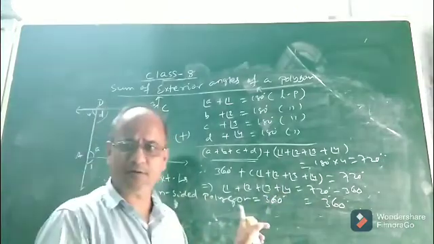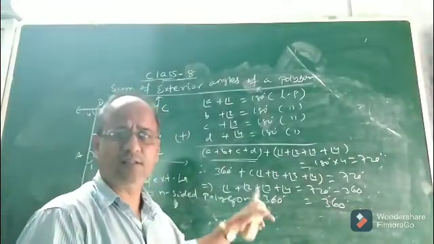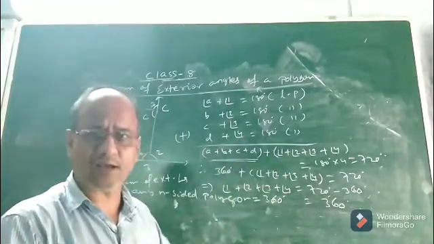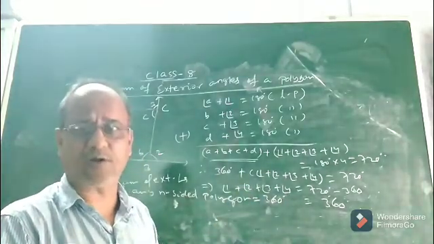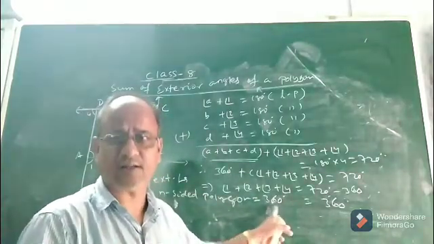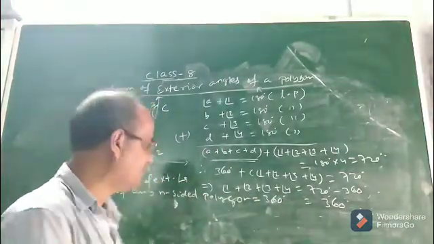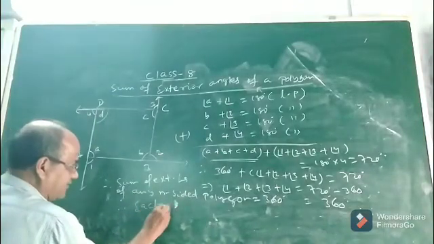And if the sum of exterior angles of any n-sided polygon is 360 degrees, then what will be the measure of each exterior angle of a regular polygon? Definitely it will be equal to the sum divided by the number of sides, that is 360 by n. So this is another formula to find each exterior angle.